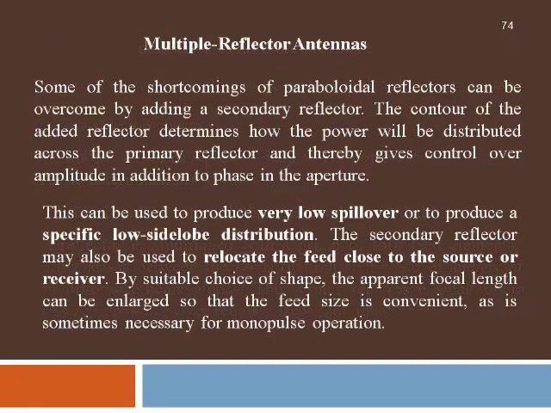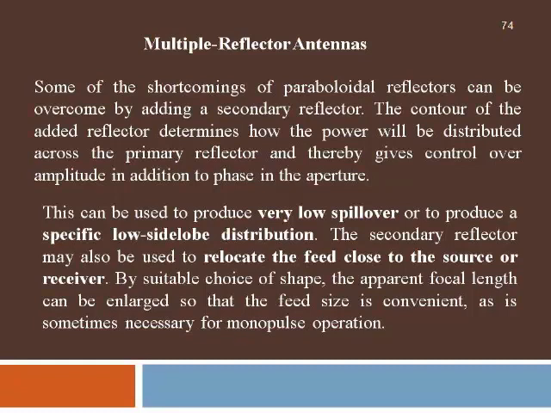Multiple reflector antennas. Some of the shortcomings of paraboloid reflectors can be overcome by adding a secondary reflector. The contour of the added reflector determines how the power will be distributed across the primary reflector and thereby gives control over the amplitude in addition to phase in the aperture.